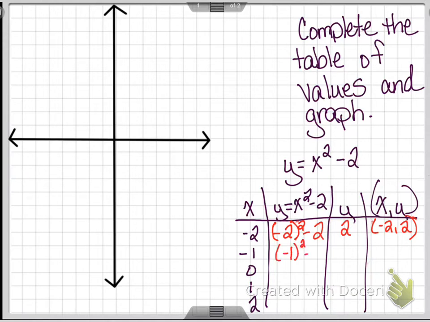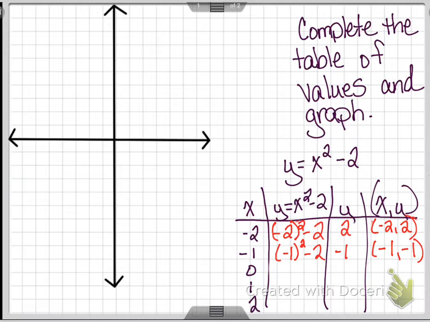The same thing is true with that -1. You've got to tell your calculator to square the negative and the 1. -1 squared is +1. And +1 minus 2 is... good. Okay, so our ordered pair is -1, -1.